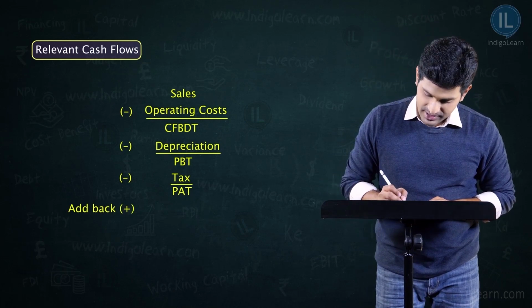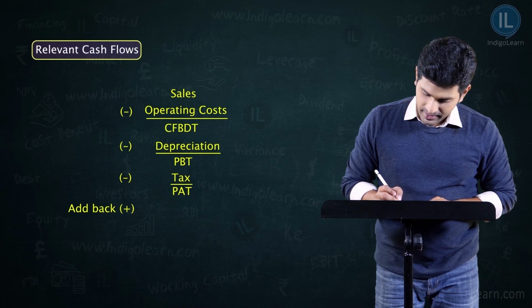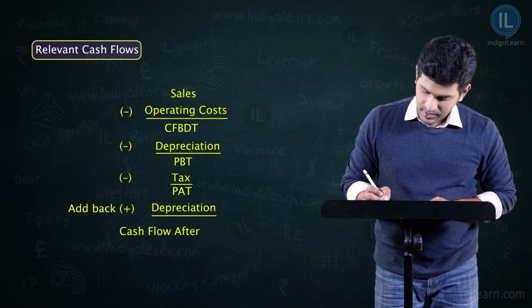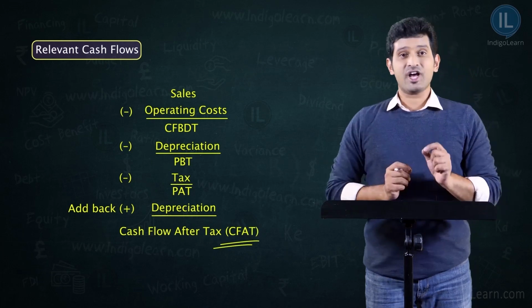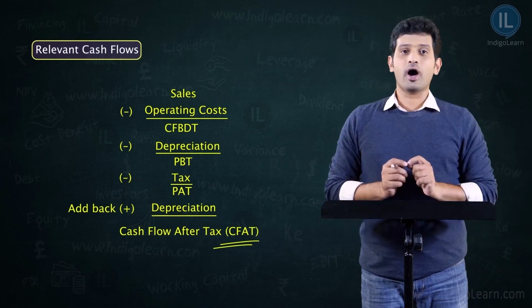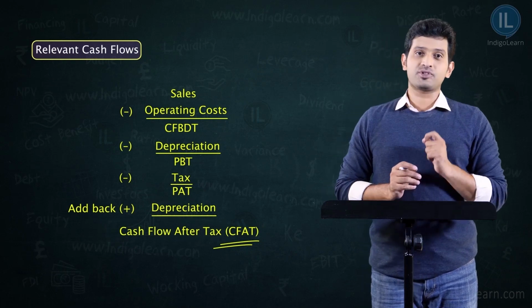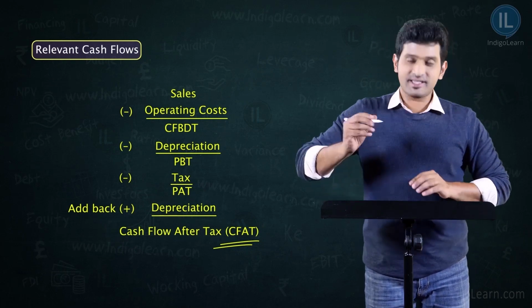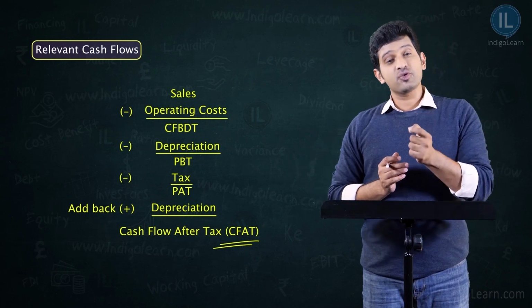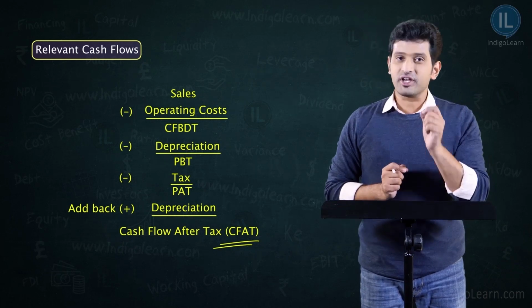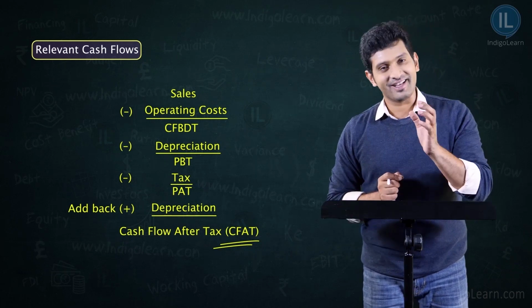Therefore, plus depreciation, and this term is called cash flow after tax or post-tax cash flow. So this is how we compute the post-tax cash flows, and this CFAT, or cash flows after tax, is called the relevant cash flow for the purpose of capital budgeting decisions.